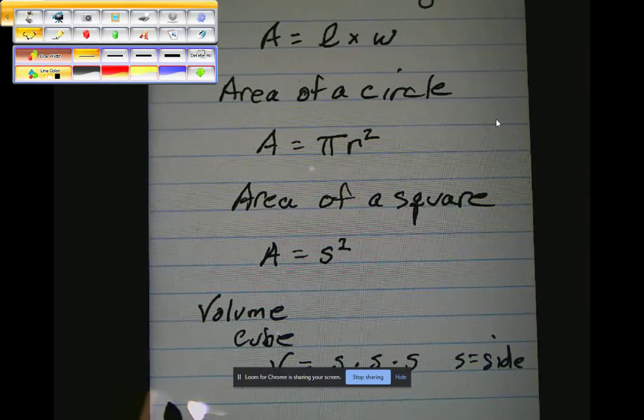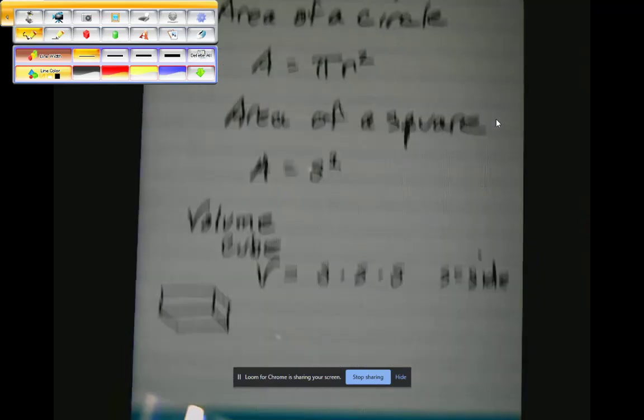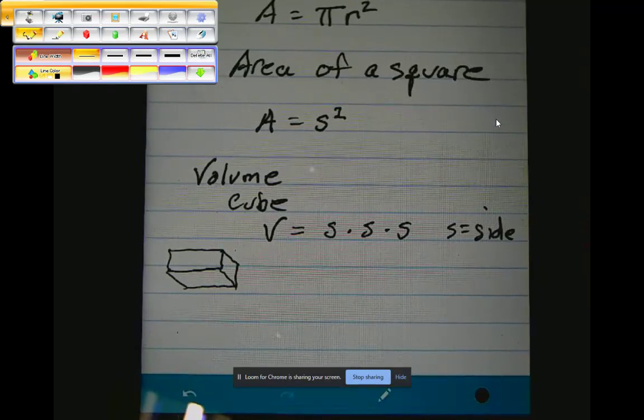But if I had something that didn't have all the sides the same, that looks like this, okay, well, that is not a cube anymore, right? We might call it a rectangular prism.